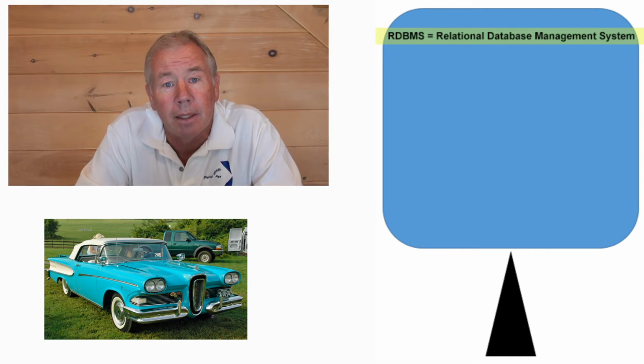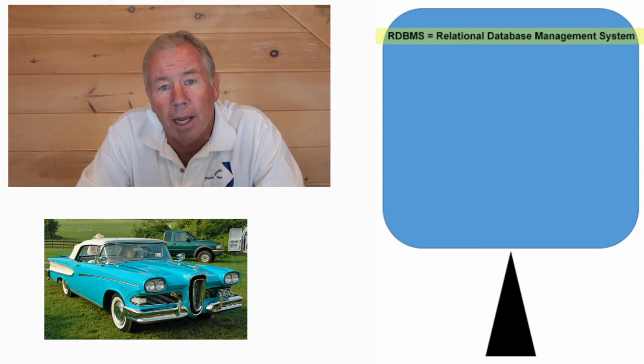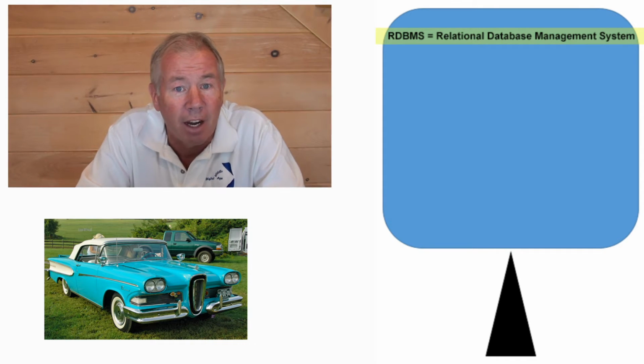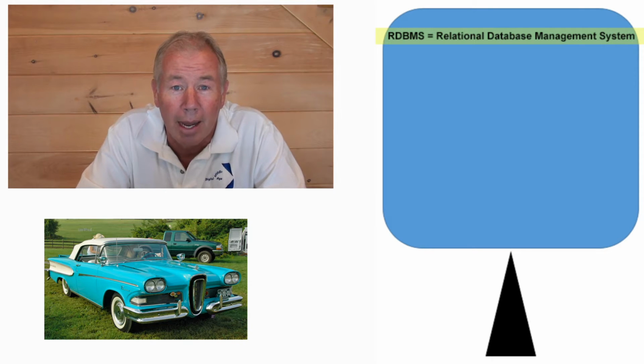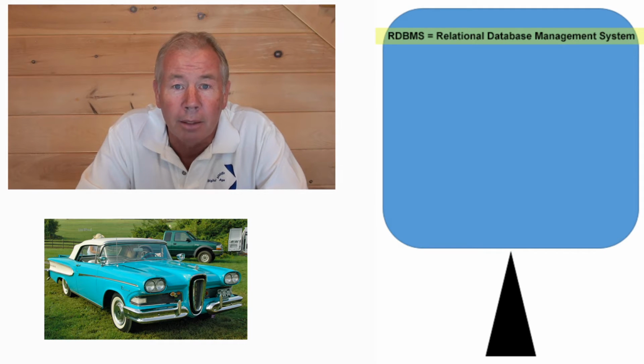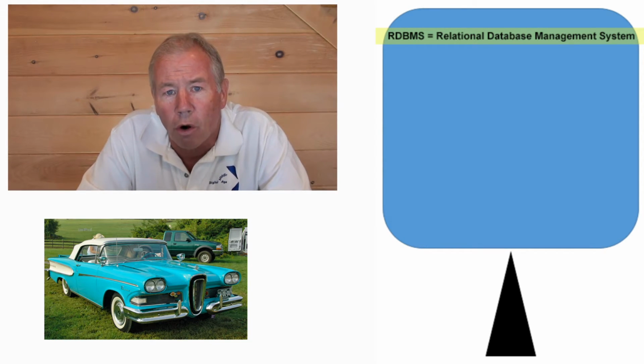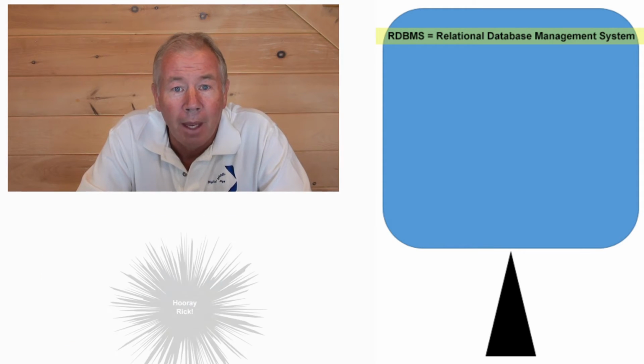Relational database management systems were really conceptualized by Dr. E.F. Codd way back in 1970 when he was working at IBM. A couple years later, they came out with their first product, and by, I think it was like 1974, Oracle had a production version as well.